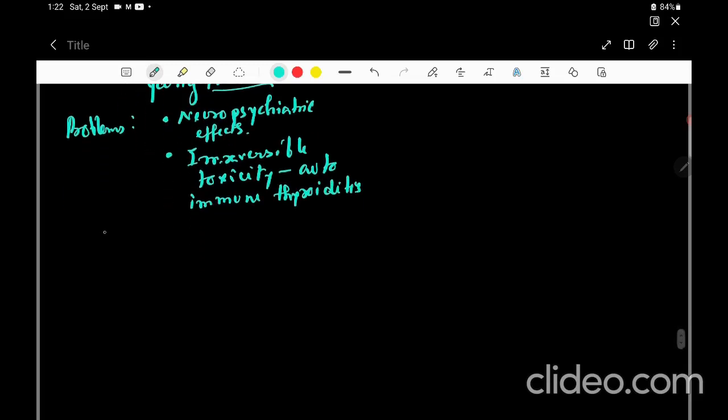And there was also a very dangerous side effect, which was dose dependent bone marrow suppression.